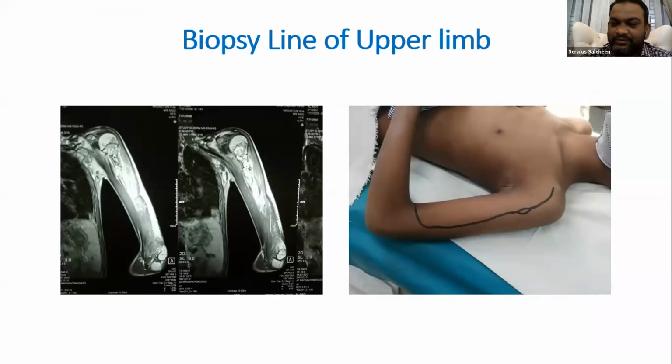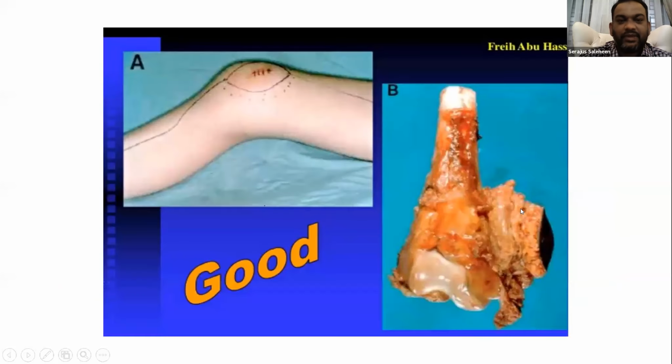We can do biopsy from different points after getting the MRI finding. This is the MRI finding. It is a diagnosed case of Ewing sarcoma, and we will perform a needle biopsy from the proximal humerus. And this is also a good biopsy.